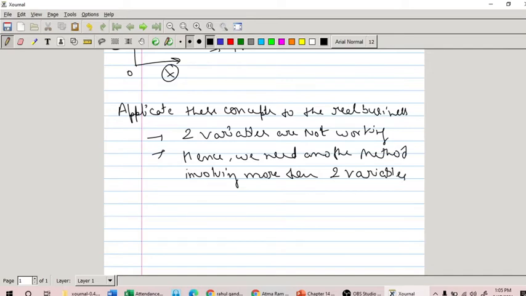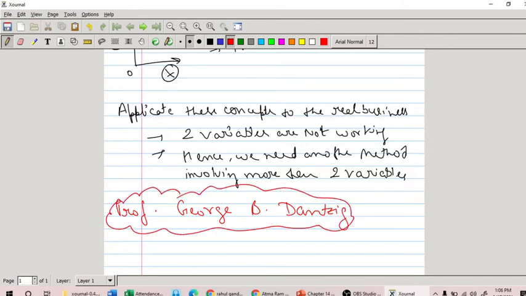The method was developed by Professor George B. Dantzig, and named the simplex method of solving linear programming problems.